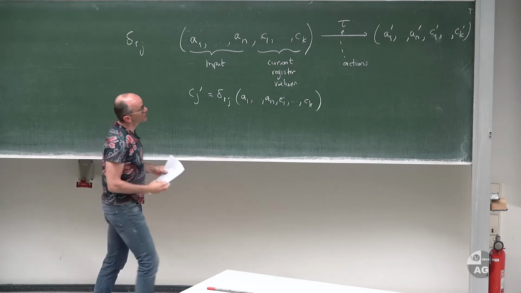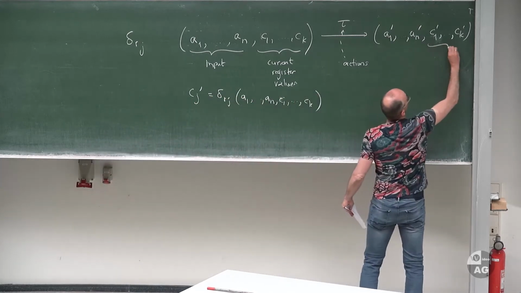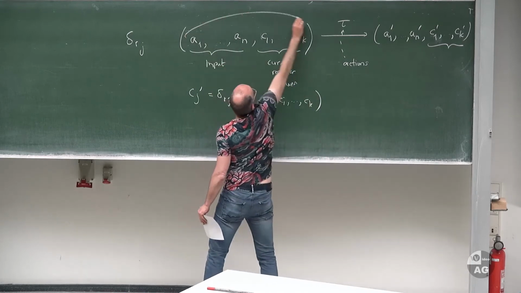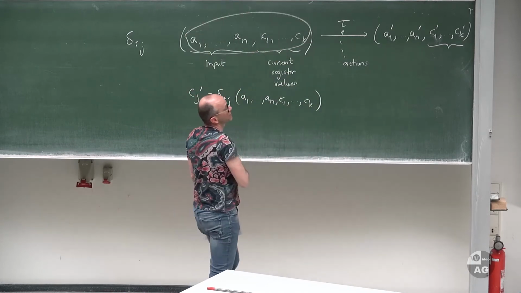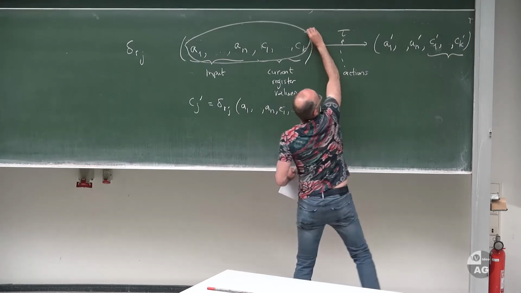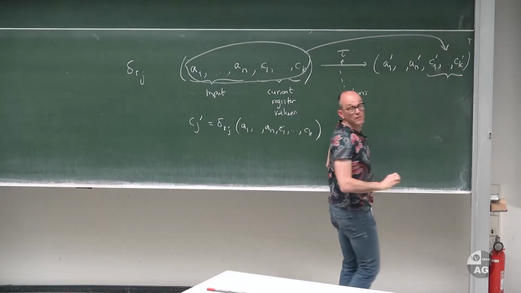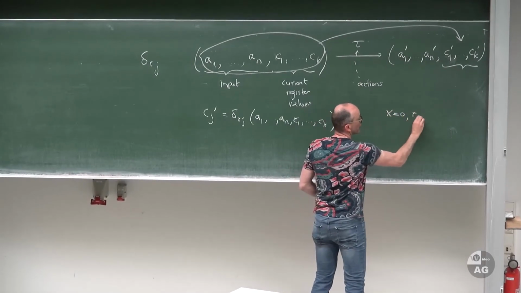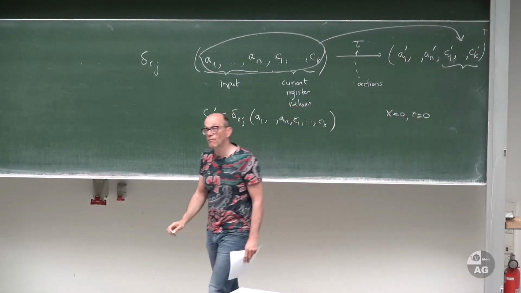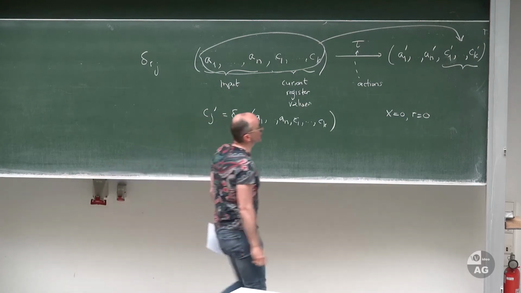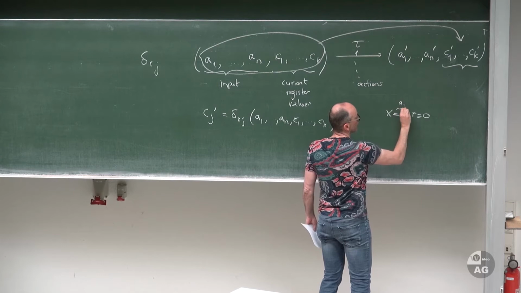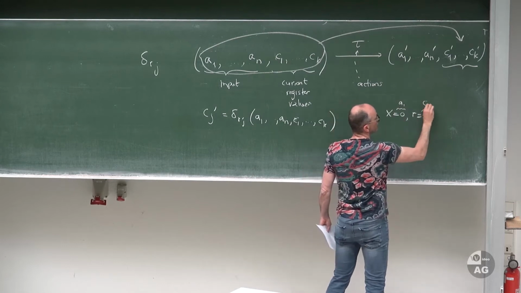What is important is that these values depend on the current state values. So suppose that currently we are in the state x equals 0, r equals 0. This is A1, and this value is C1.